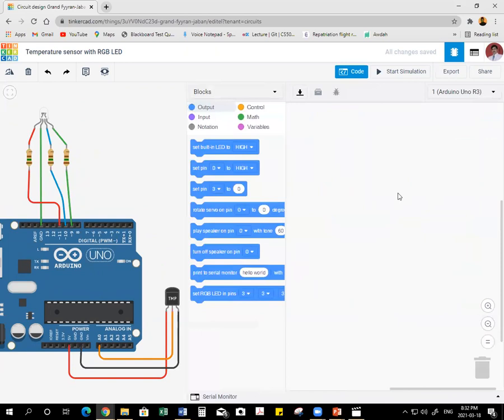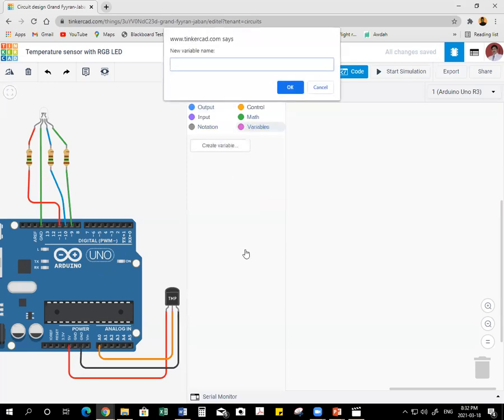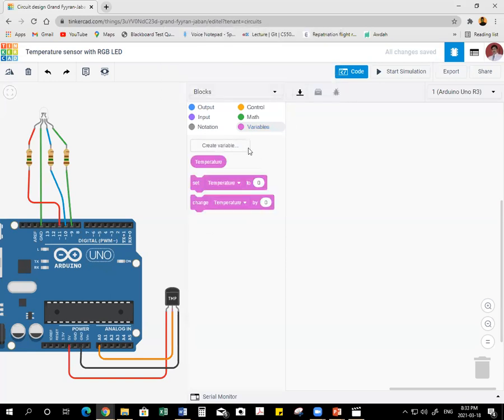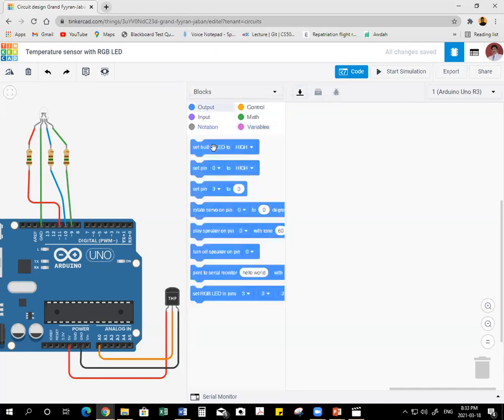Remove this. In the previous one, I explained very little in terms of equations. Now I'll explain in a simple way. Okay, now same, create variable temperature. Now set temperature and output.